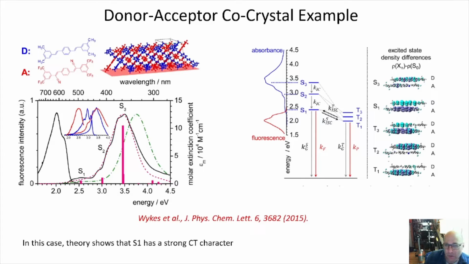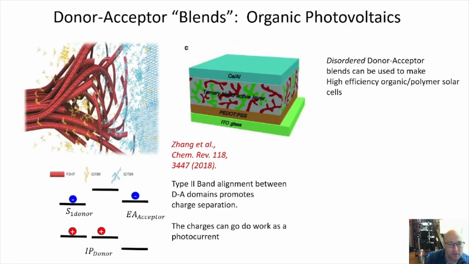And donor-acceptor co-crystals are pretty cool. They are right now not of enormous practical value for much of anything. Surprisingly, the thing that is of much more practical value is to make a super disordered donor-acceptor blend, where you just randomly intermix donor and acceptors in a kind of 3D jumble of spaghetti, right?